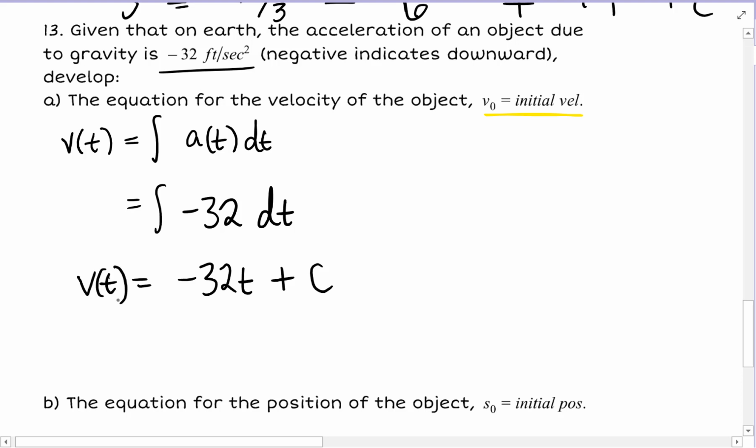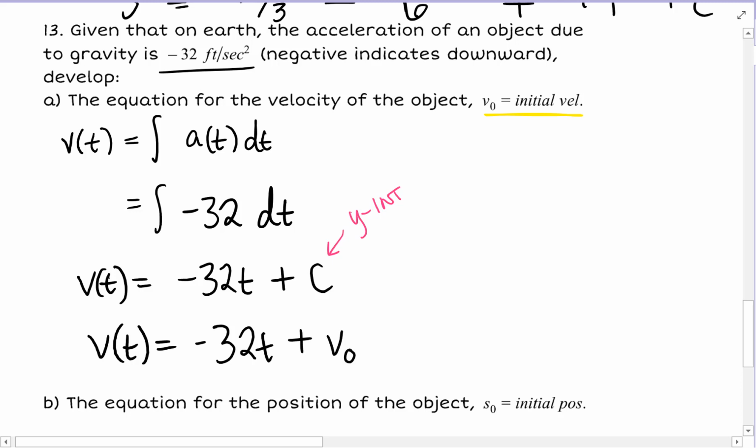As you can see, the velocity function here is a line, and so c would technically represent our y-intercept, right? The y-intercept of a line gives you somewhat of a starting point, an initial value that the slope can help to build off of. In this case, our initial value, because this is a velocity function, is simply the initial velocity.